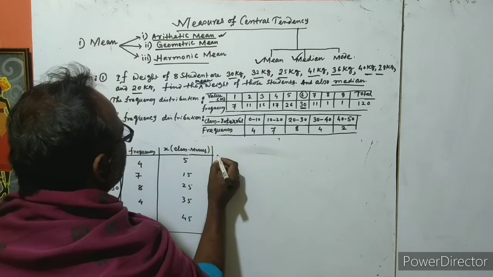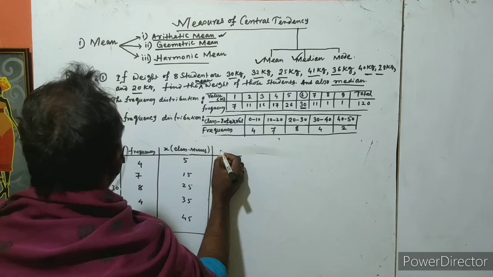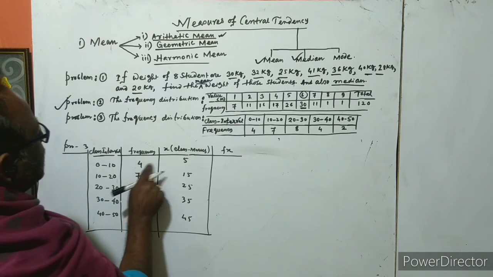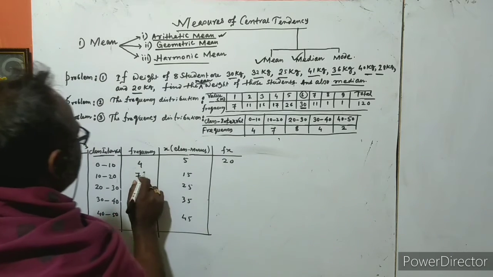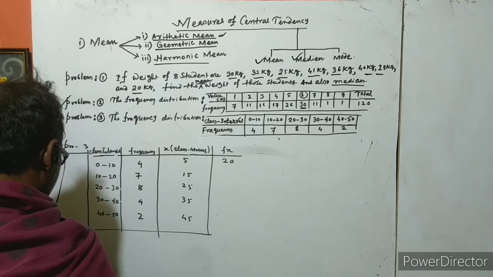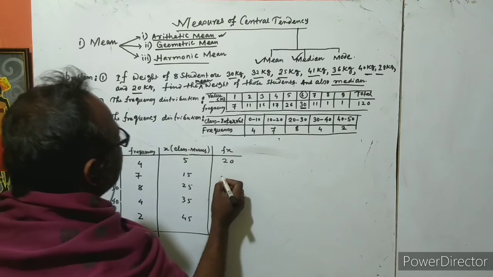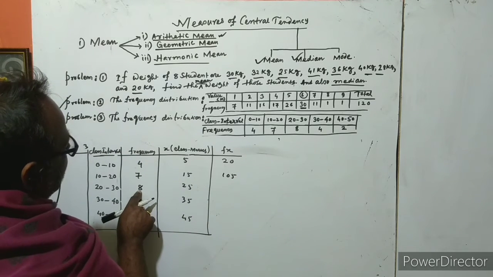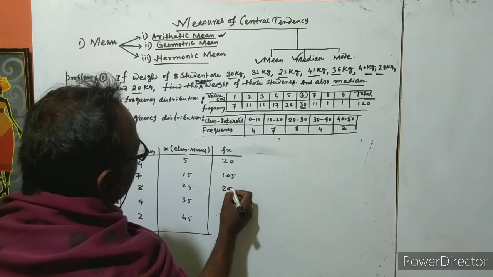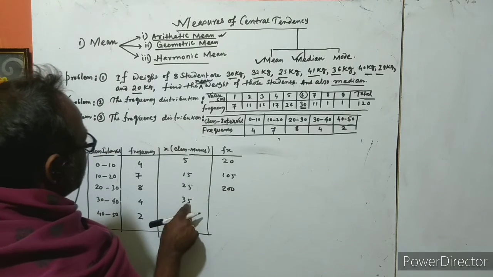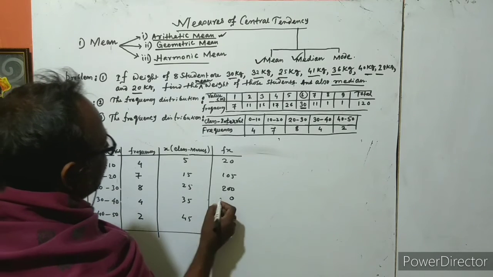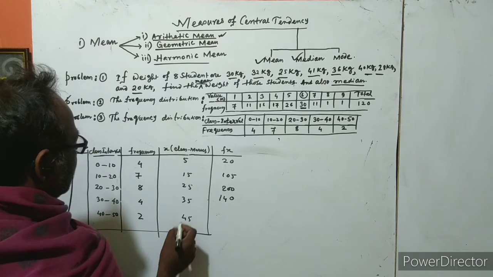I need a column again, summation fx; you have to find summation fx. 4 5s are 20, this is 20 here, and 7 into 15 is 105. Again 4 into 20 is 200 hm, 4 5s are 20, and 2 3s are 140, then 90 here.